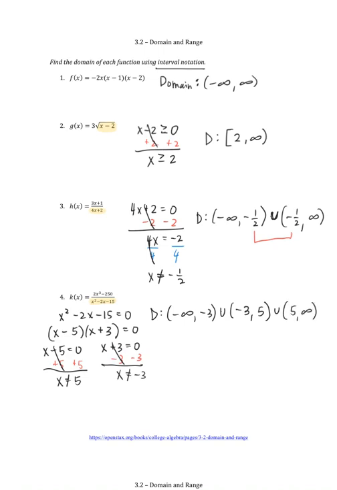So notice what happens here is we are using the union, and the excluded points that we're using are hugging the U, right? They're hugging the union. And they have to be in order from least to greatest. So negative 3 hugs that union because that is our first boundary.